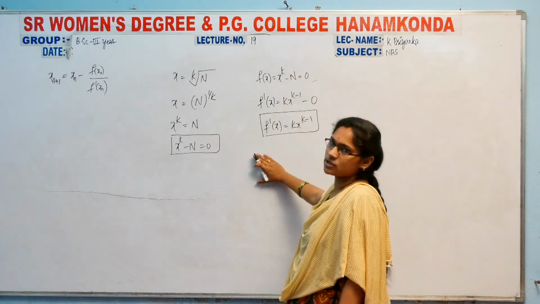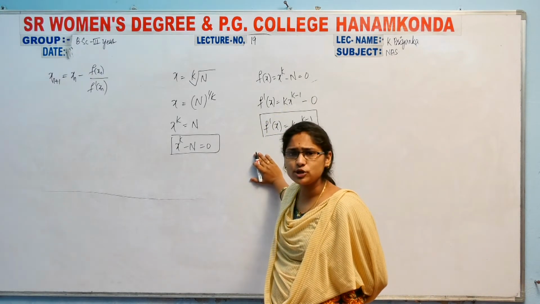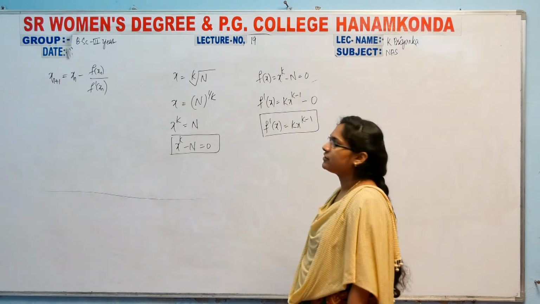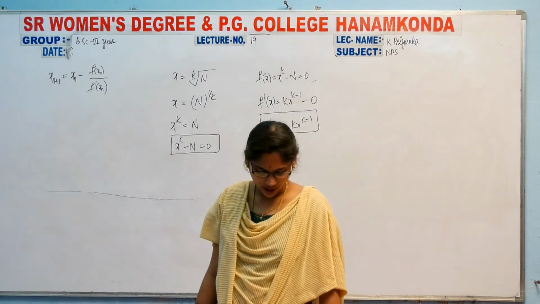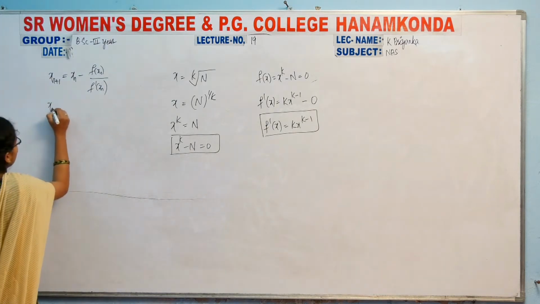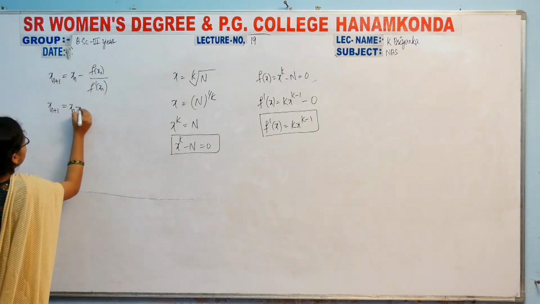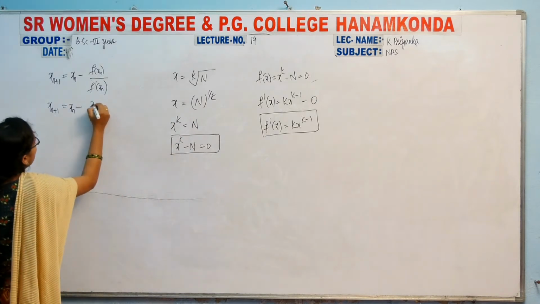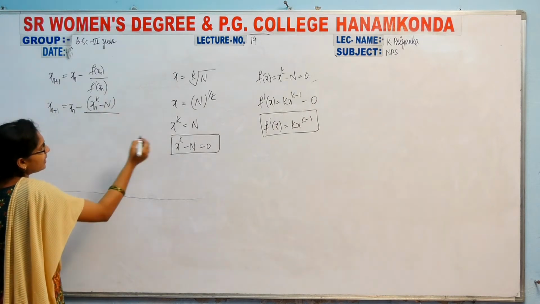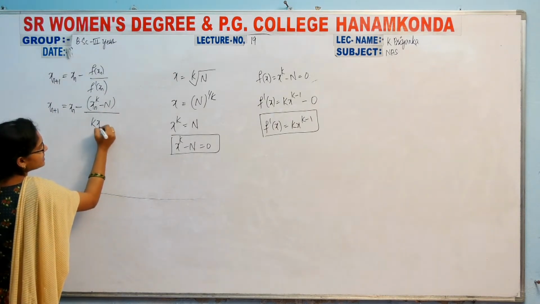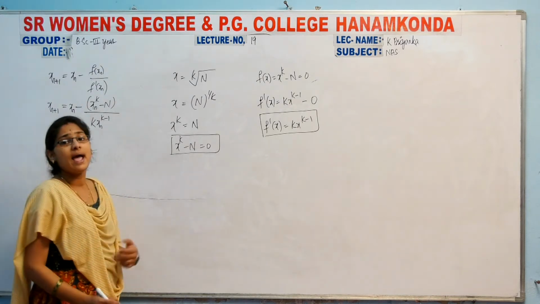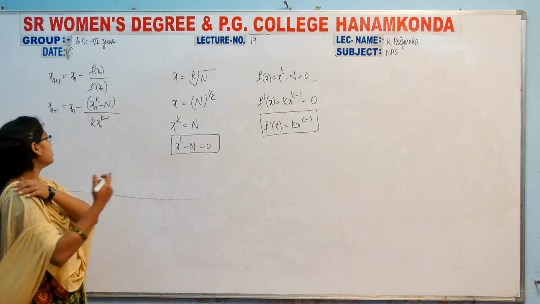Substituting the above values in the formula, we get x(n+1) equals xn minus f of xn, which is xn power k minus n, whole divided by k xn power k minus 1. Of course, here x is nothing but xn.